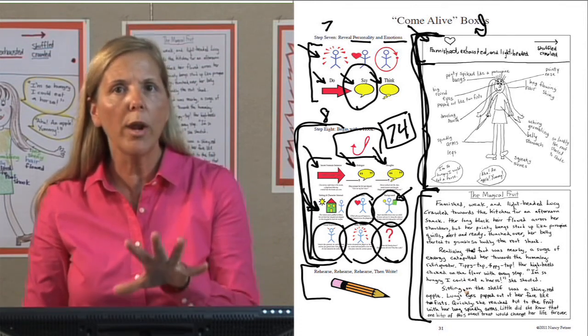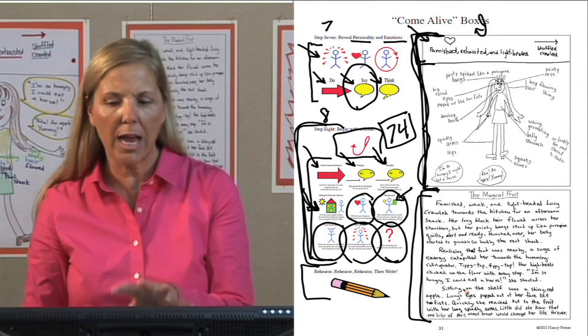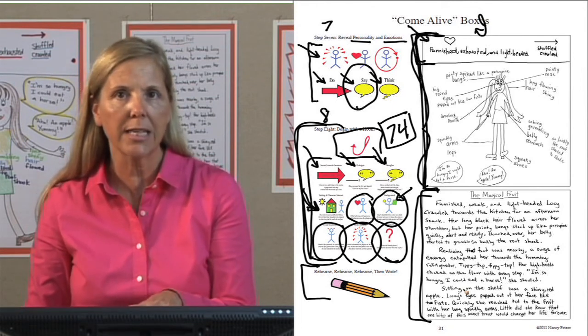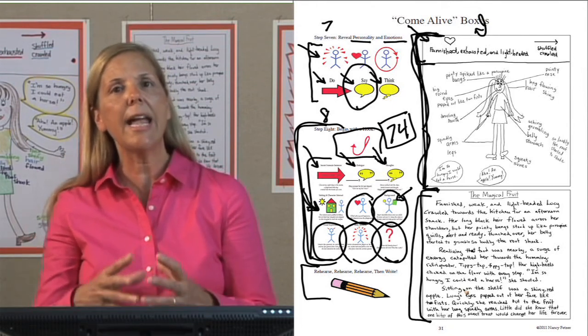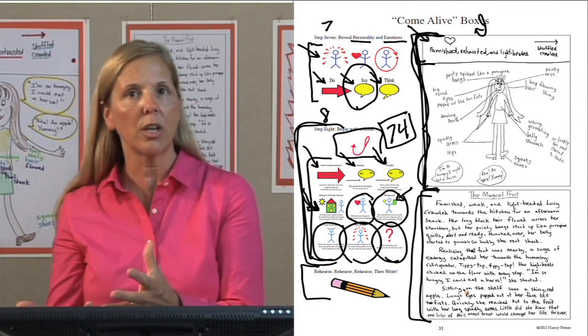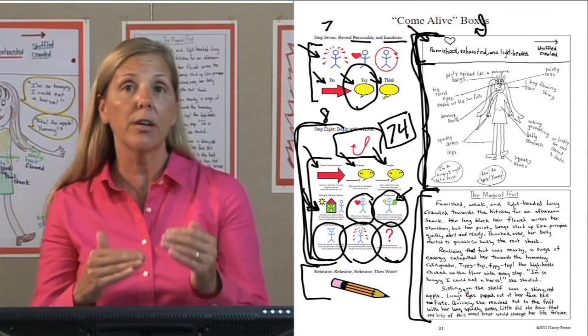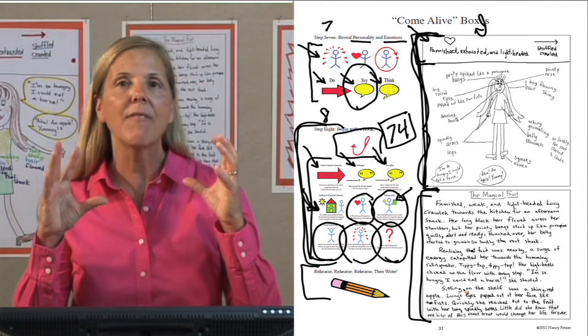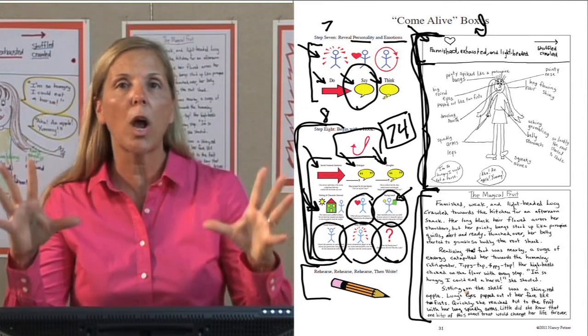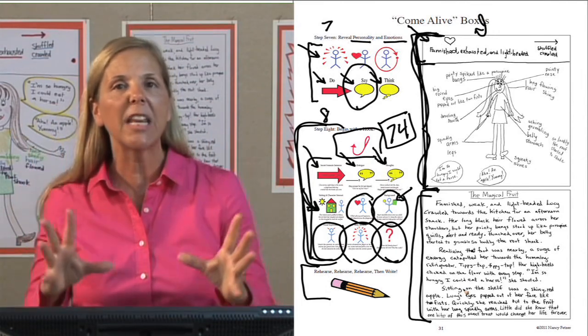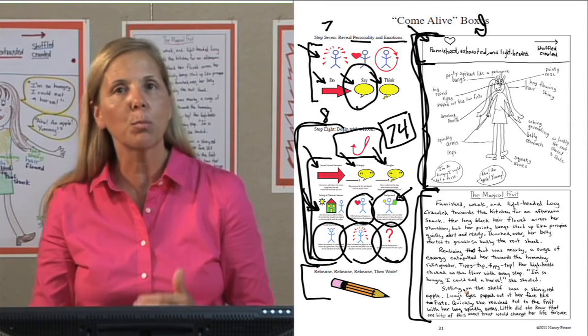This is so important for your students to understand this process so that as we head into the next section of our narrative writing lessons, they have that technique of describing, making something come alive using this process.